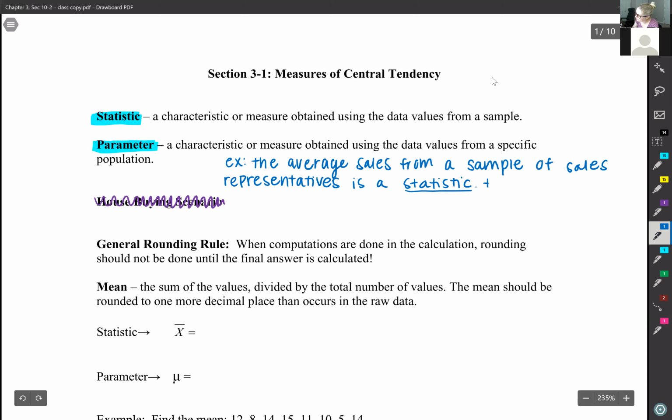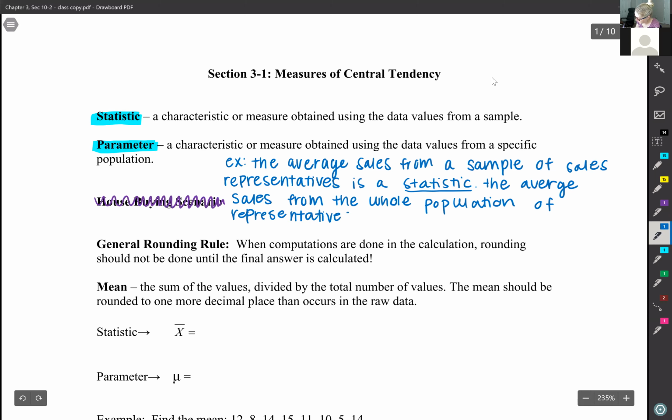But if you had the average sales from the whole population of representatives, this is a parameter.